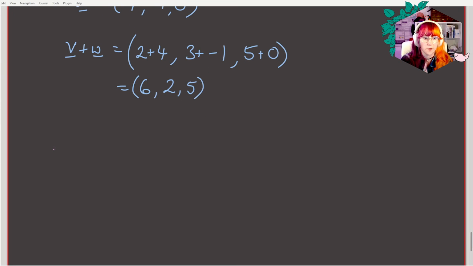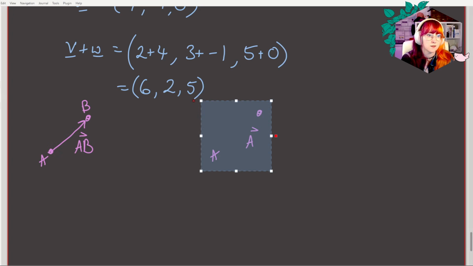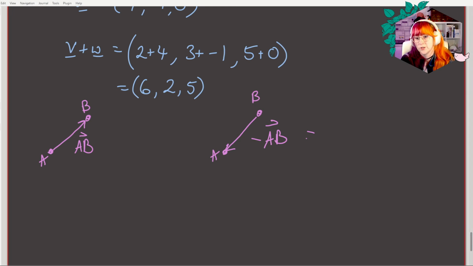If the vector from point A to point B is given from one to the other, then if I take the same thing and I reverse it, I get minus AB, which is the same in this case as writing BA.